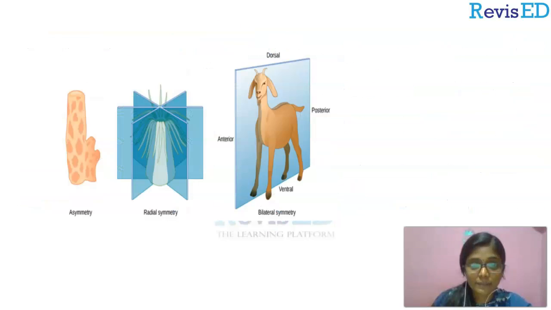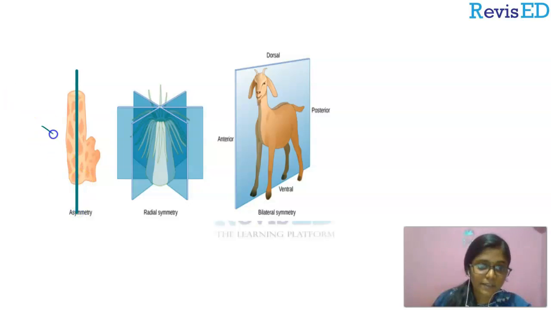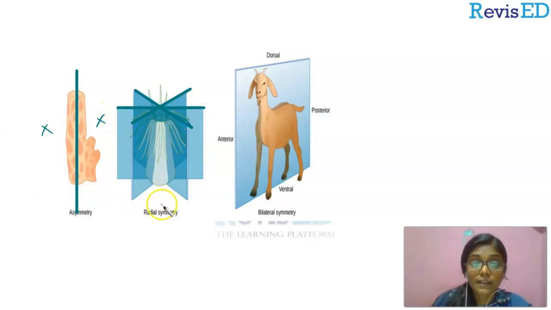When we cut the animal through one plane and it gives equal or similar left and right parts, it's called bilateral symmetry. The first thing here is a sponge, which is showing asymmetry, and the second is a sea anemone, which shows radial symmetry when it is cut into several parts through its central axis through any plane.